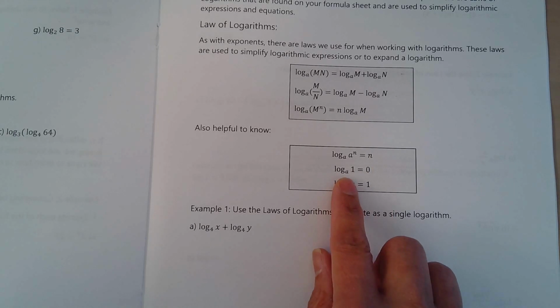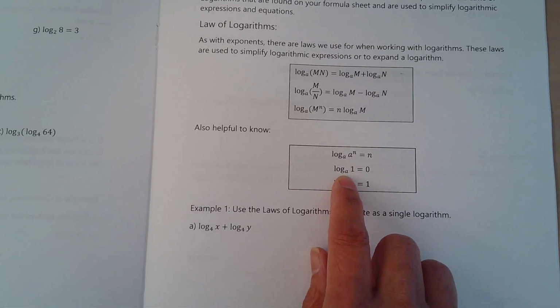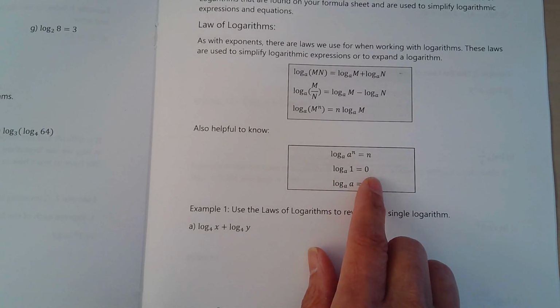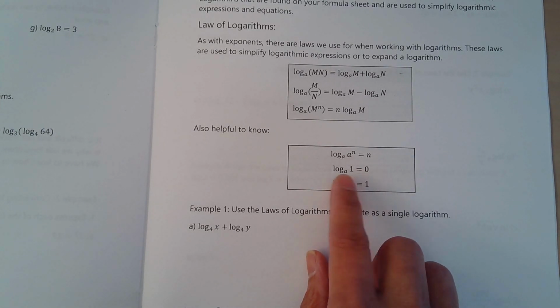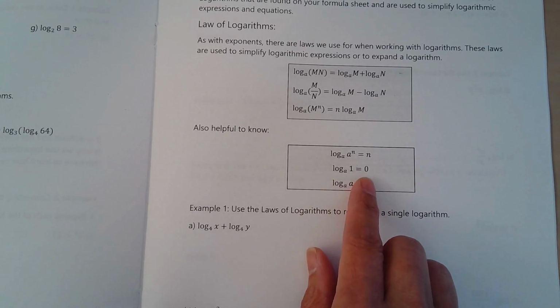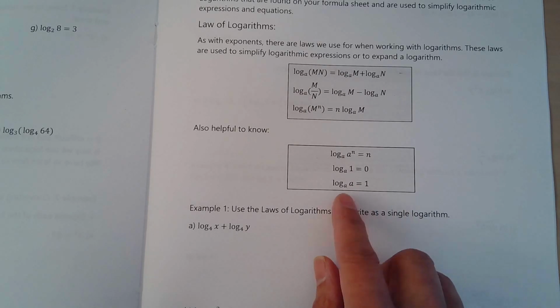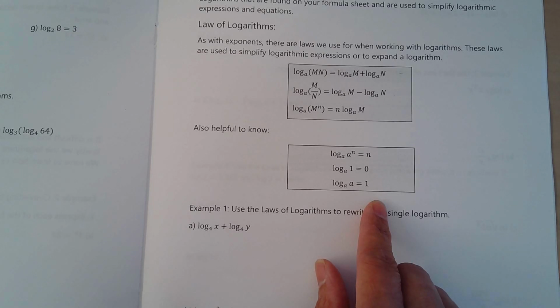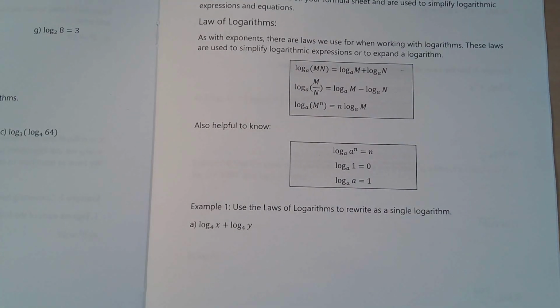And it says here, what exponent do I need to put on a so that I get 1? It would be 0. Anything to the base a exponent 0 is going to be 1. Log of a base a is 1. So those are going to be helpful for us later on.